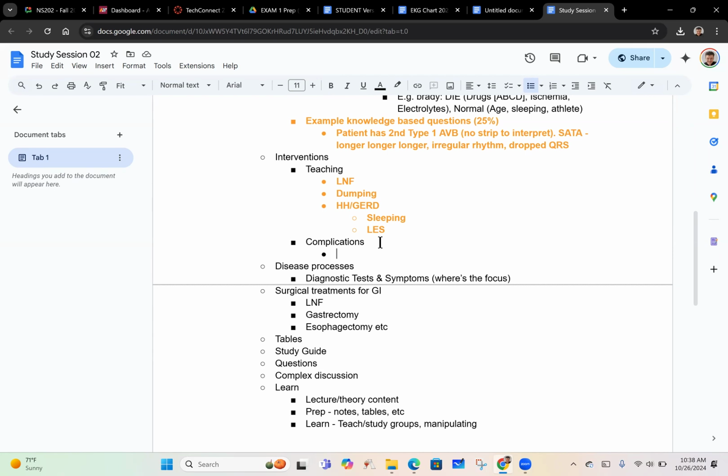Okay, and those, yes, those are tested on. So what am I going to teach for? What are the complications? What are things that make me concerned? Again, that is interpretation of the information, right? So you have a case study or a quick little scenario in front of you, a little stem, and say they have this, this, and this, and they have X, Y, and Z. What are you concerned about, right? I'm concerned about esophageal cancer, or colon cancer.